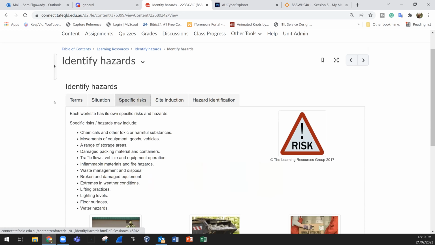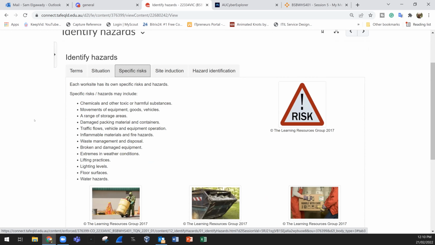Okay. Some risks. So examples for risks, we can have chemicals, like the chemicals you have in your laundry. It's better to have them at the top, so if kids visit you, they don't play with these chemicals. Movement of heavy equipment, goods, even movement of vehicles, storage areas, packing material or containers could harm or hurt you or cause injury.